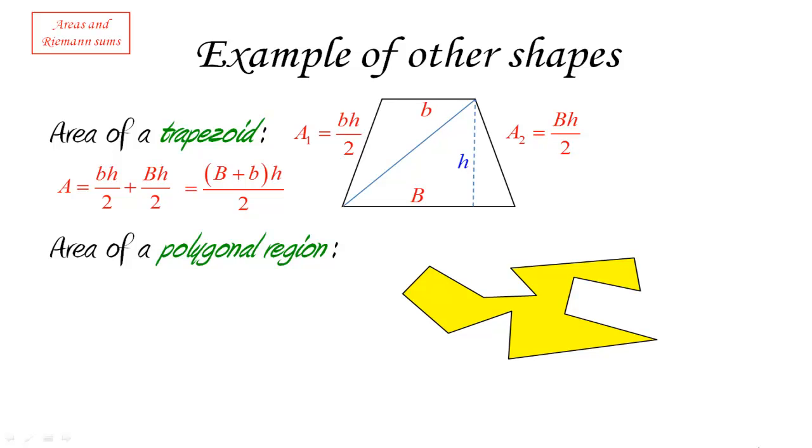Of course, if you have a region like this, what we can do is simply split it up again, just like we've done so far, into a whole bunch of triangles, and there may be more than one way to do that, but here is one possible way. And then now we have a whole bunch of triangles. So all we need to do is compute the area of each of those triangles, and we know the formula for each of those. All we have to do is a bit of patience and a ruler to figure out the base and the height of each of them. And then once we're done with that, all we need to do is add them all up.